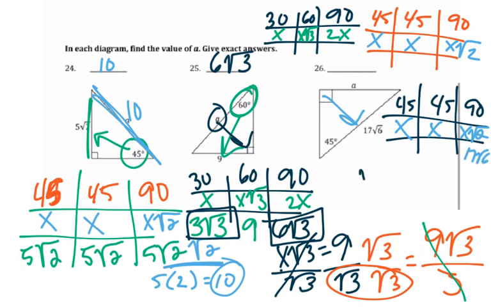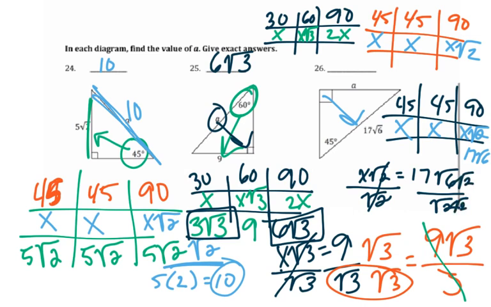So what it's saying is that the x root 2 side is across from 17 root 6. To solve for x, we divide. It's called rationalizing the denominator, root 2 over root 2. So it's 17 root 12 over 2. Difficult question.